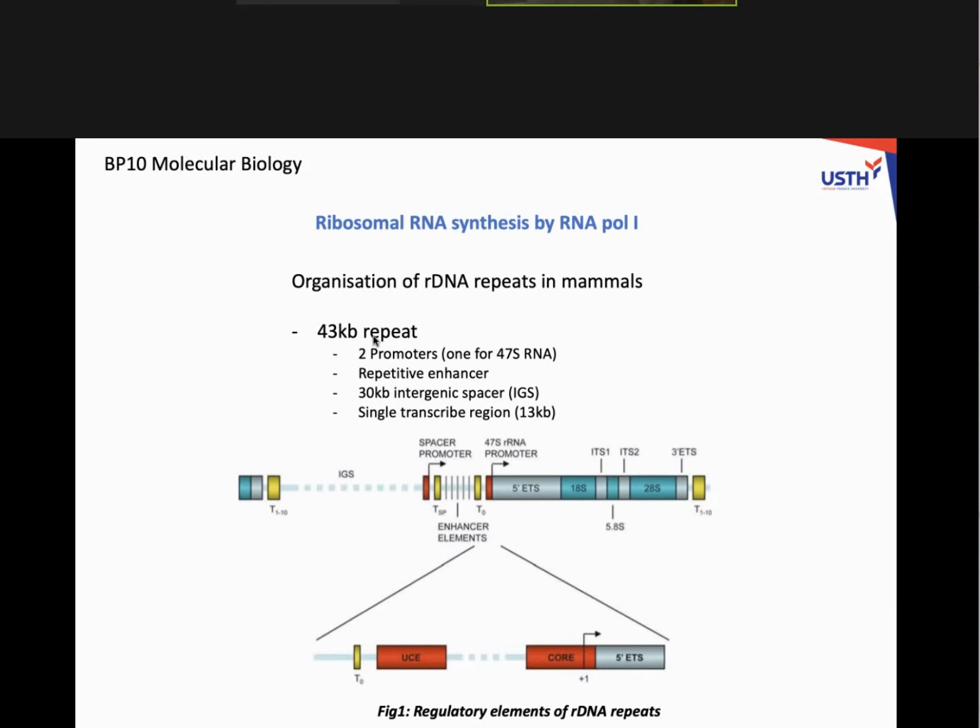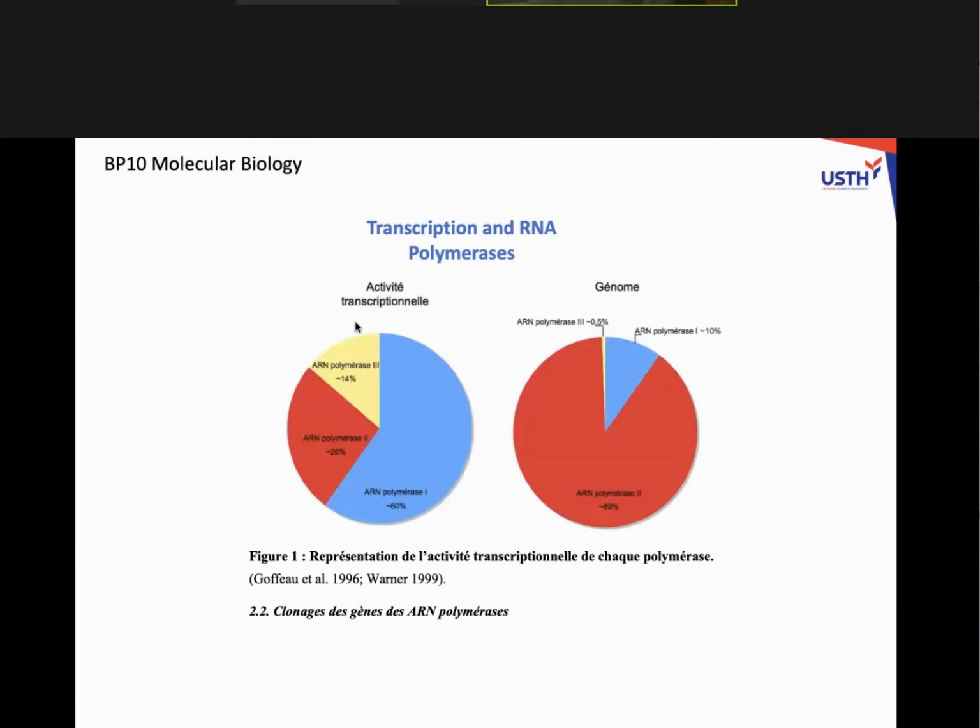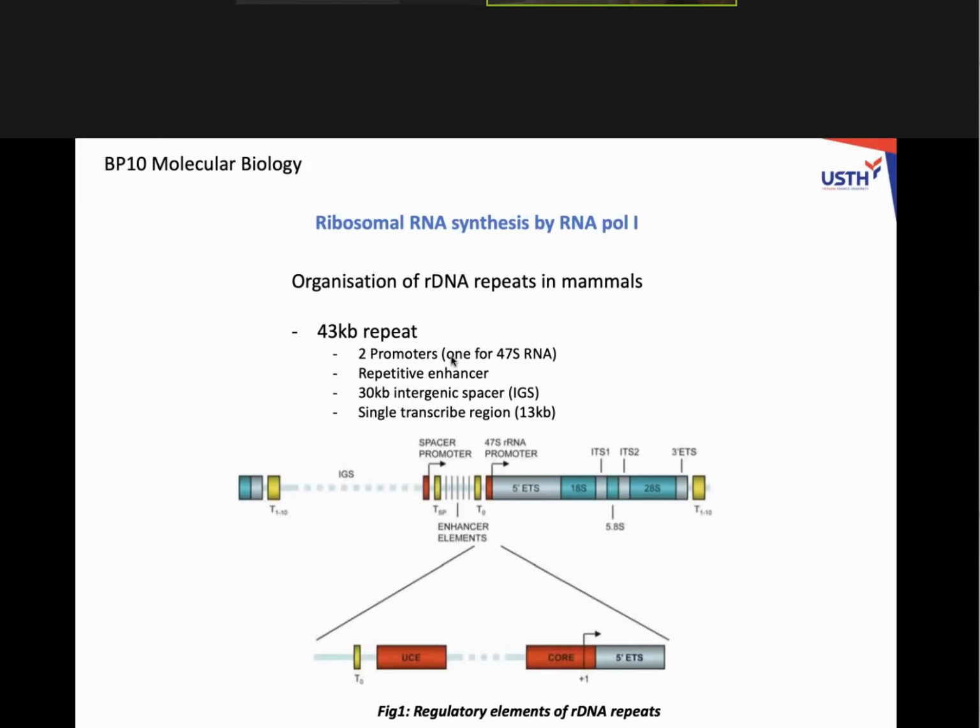The structure of this little portion of the genome, because remember, it's only 10% of the transcribed genome that is recognized by polymerase 1. Actually, it is composed of big pieces of DNA that are around 50 kb, and they are repeated in tandem.